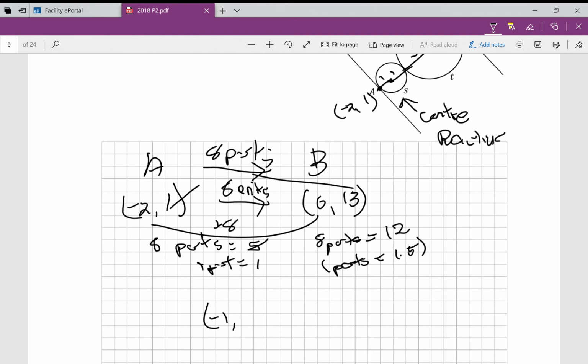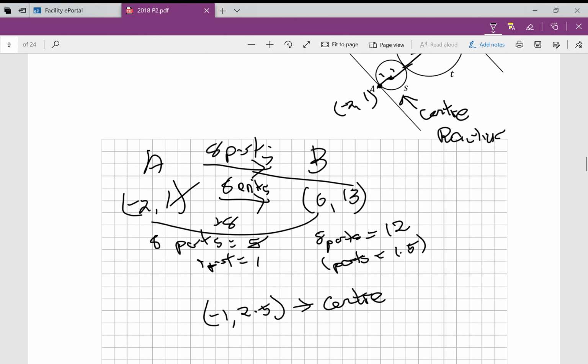It was 1, now it's 2.5. That's the center of the circle. Then we need to get the radius. The radius goes from minus 1, 2.5 to minus 2, 1. So just use the distance formula to get the radius.